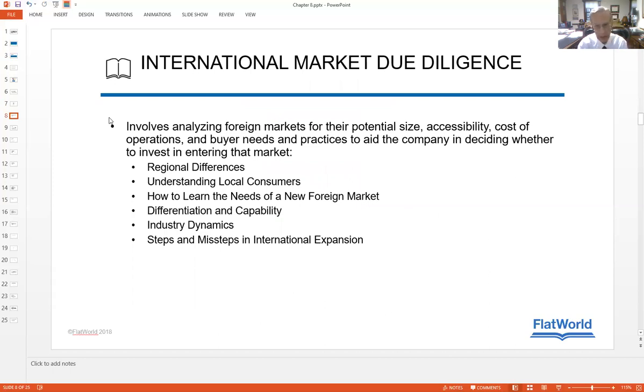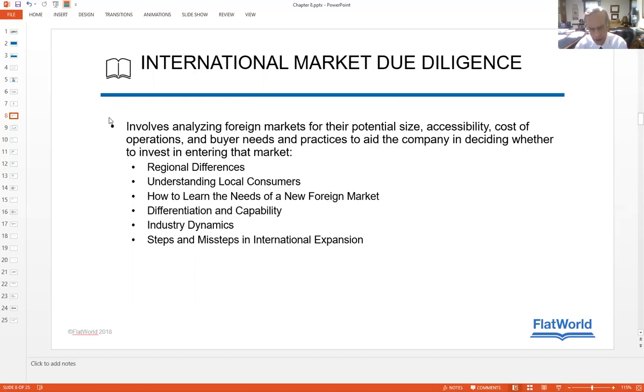Before doing that, the authors run through some conceptual ideas about due diligence, just what the scope of all this evidence is, and when we gather evidence about the environment where we're going to do business internationally.